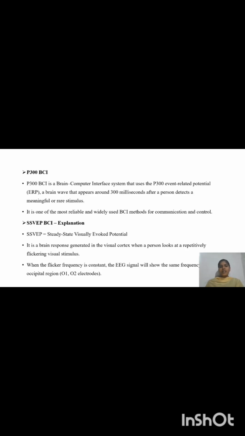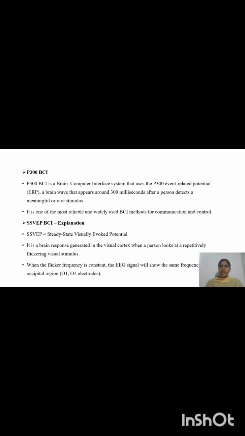The SSVEP is nothing but the steady state visually evoked potential. The steady state visually evoked potential is the brain response generated in the visual cortex when the person looks at repetitively fluctuating visual stimuli.